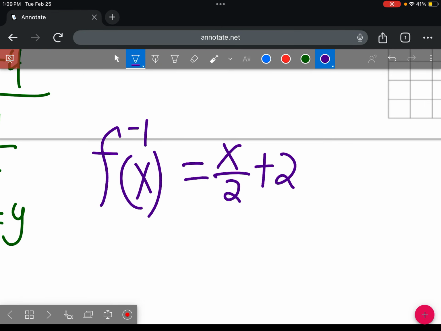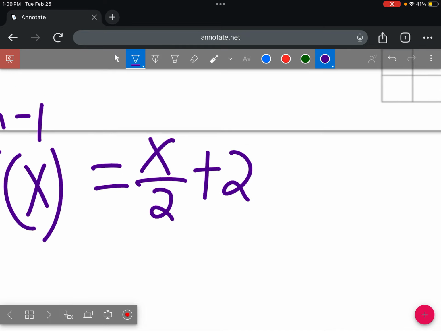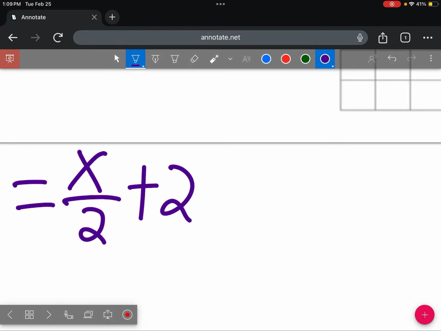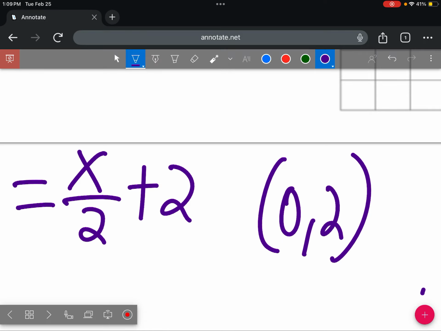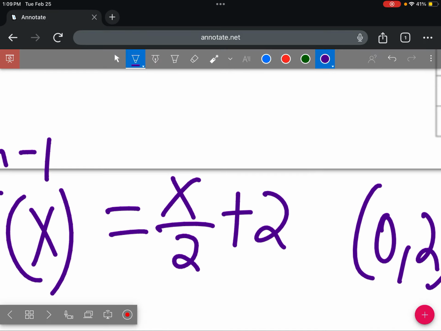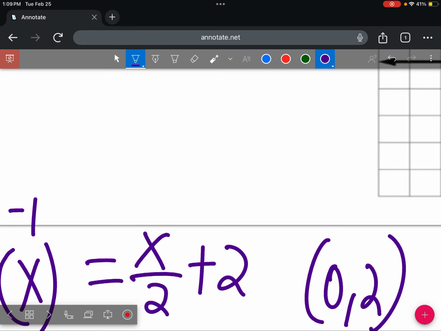All right, now we have to graph that. What's my y-intercept here, Nevaeh? What ordered pair? 0, 2. What's my slope?